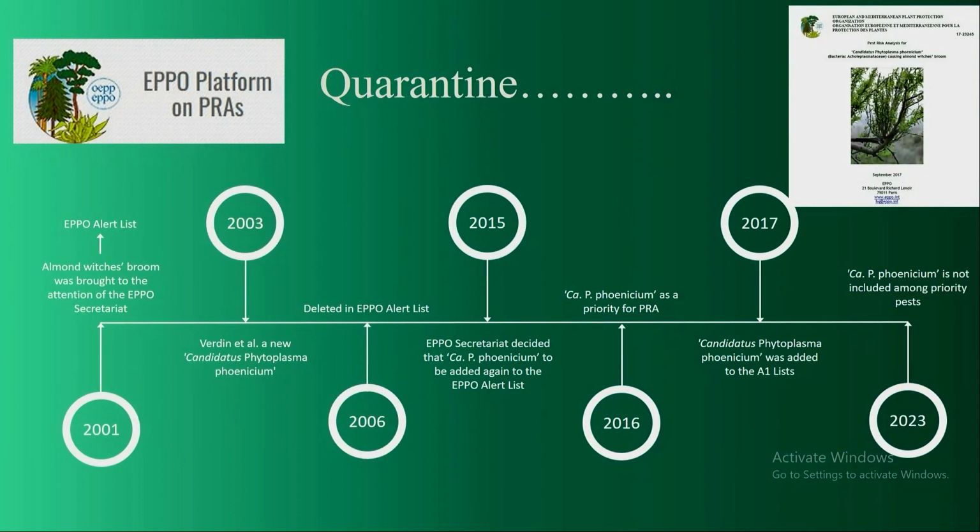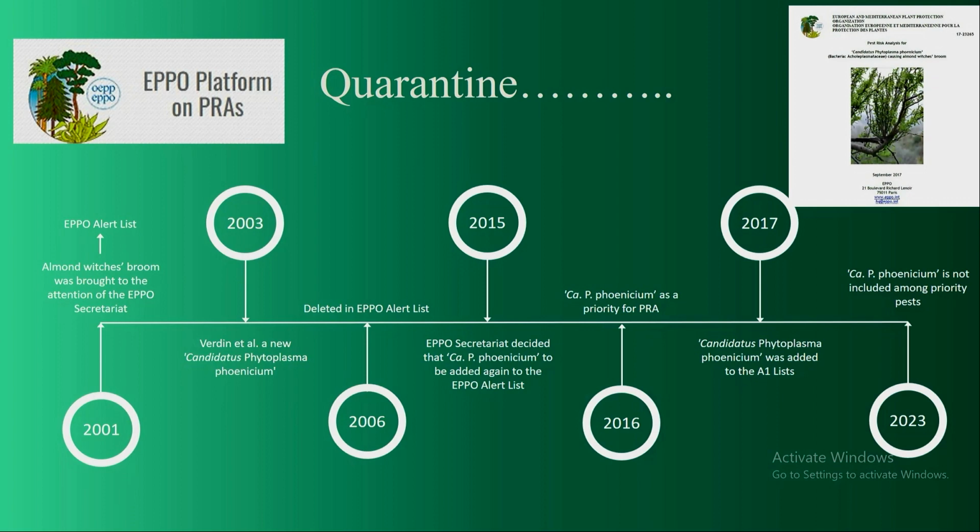Almond witches' broom, associated with Candidatus phytoplasma phoenicium, was brought to the attention of EPPO as early as 2001, and in the same year was added to the alert list, and deleted from the alert list in 2006.